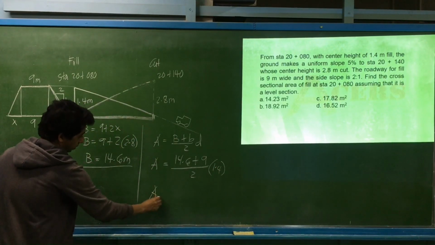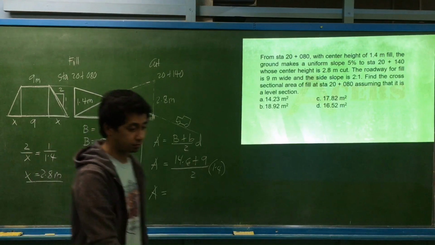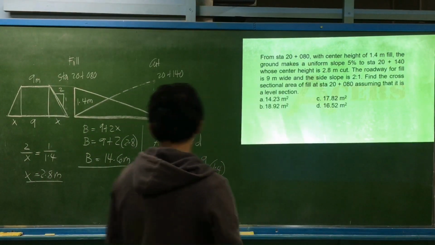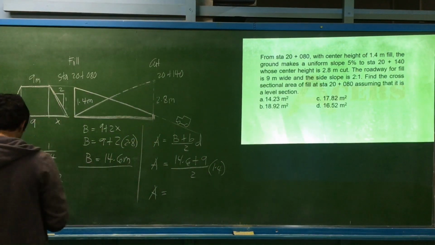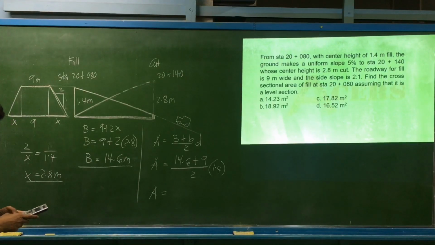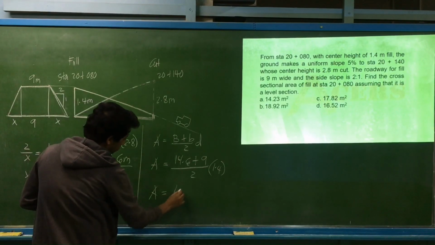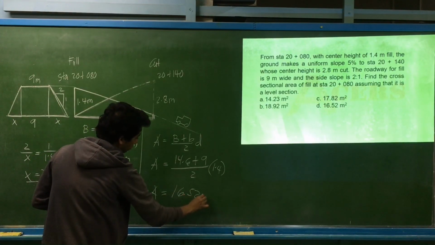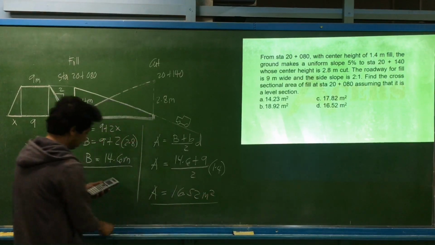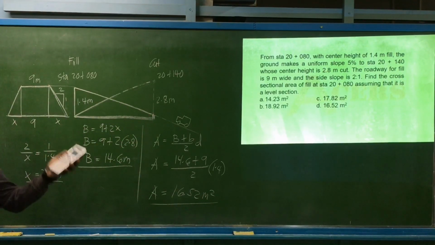So let's have the area. So we have the area equal to 16.52 square meters. 16.52 is letter B.